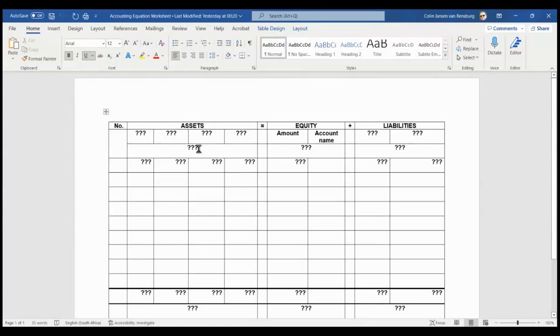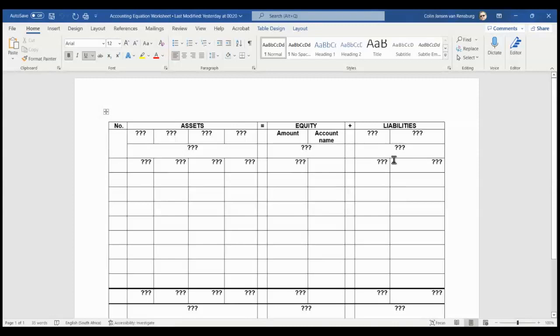And that one there, where we've got those question marks, will simply be the total of all your opening balances. So that is just the total opening balance of all your assets combined, right? The same here, that will be the opening balance of your total equity combined, and that will equal that. And in the case of the liabilities, let's say this is your creditors or your trade accounts payable.